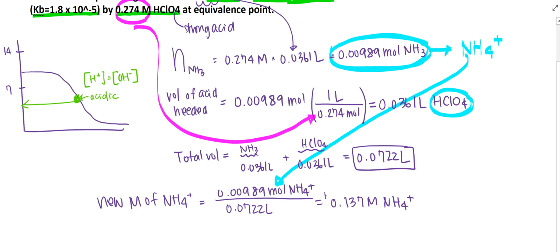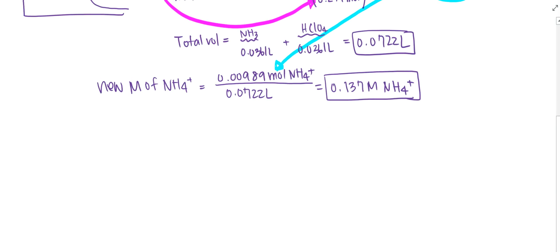I'm going to just box it so that I know what I'm looking at. Now, they gave you the Kb, but in order to calculate pH, you need Ka times Kb equals Kw. Understanding this formula, we are going to solve for Ka, because I need the Ka value to plug into the next formula, which I will show you in just a minute.